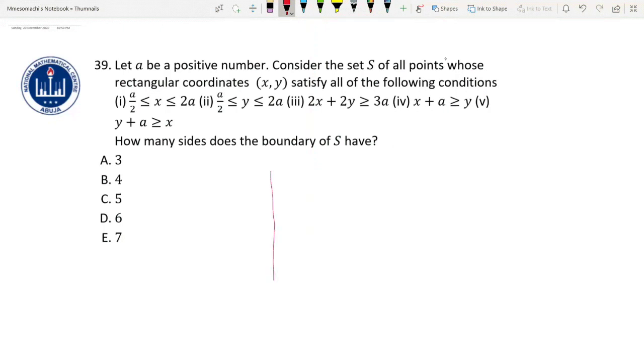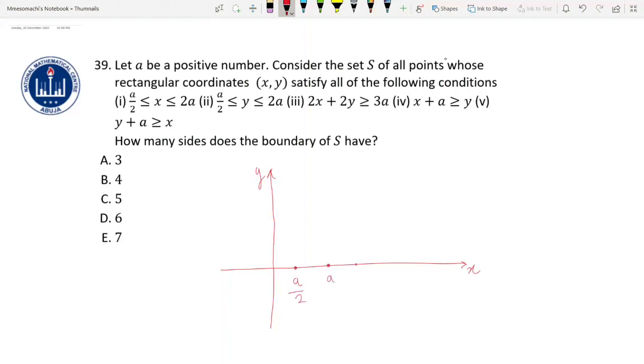So let's just draw our coordinates. Y, x. Okay, so let's say this is a over 2.